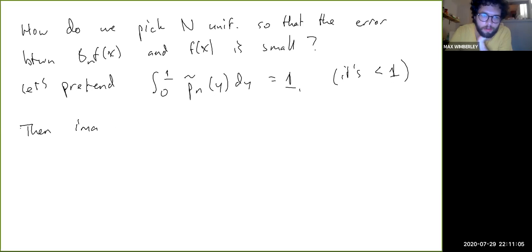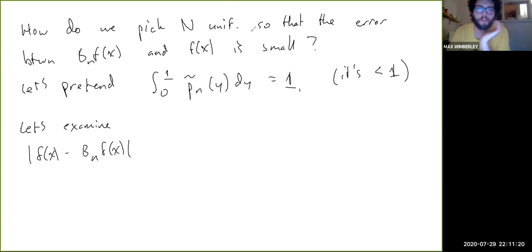Actually, before I do this, let's examine the error. So f of x minus Bn f of x, for large n, is approximately the difference between two integrals.